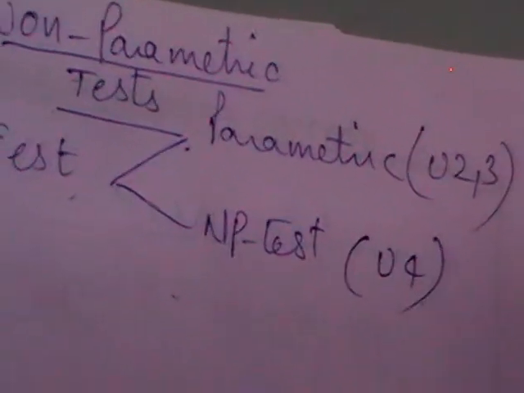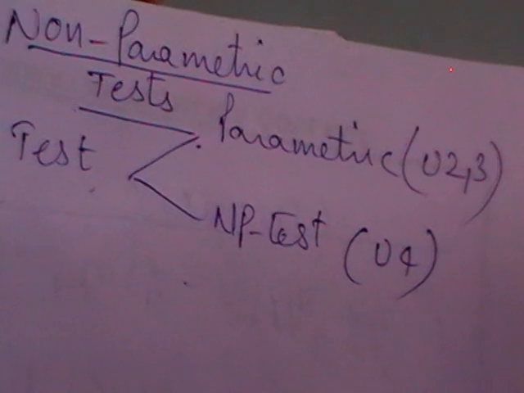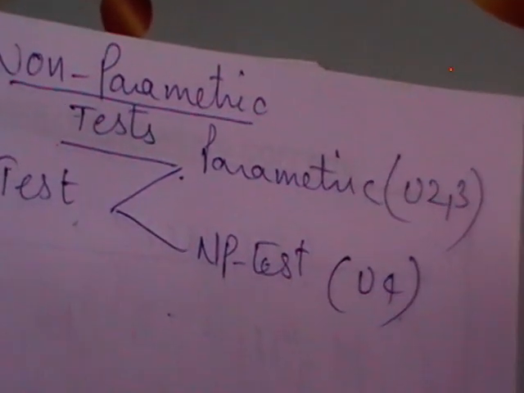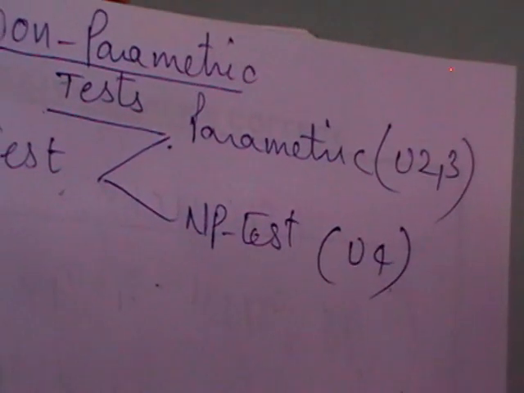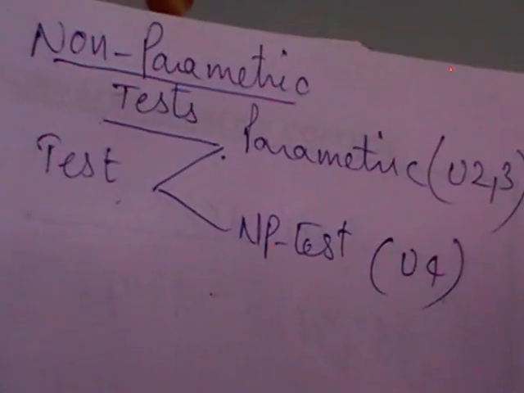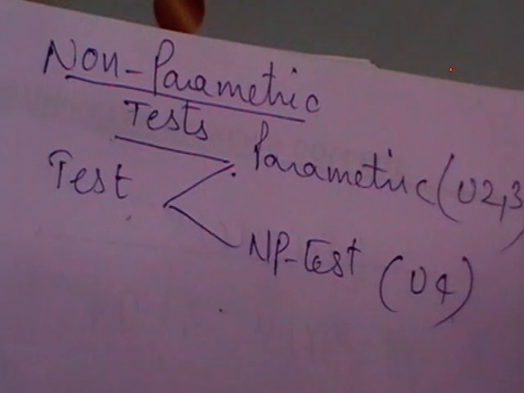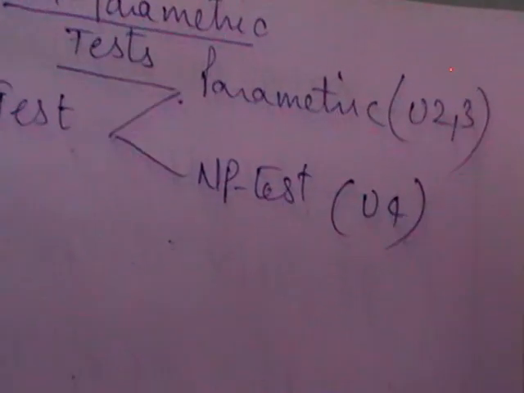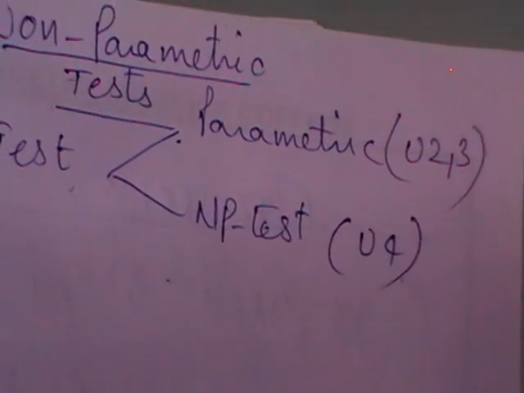I think you know the statistical inference consists of two parts called theory of estimation and testing of hypothesis. In theory of estimation, the unknown parameters of the population are estimated by using different sampling techniques and different estimation methods.